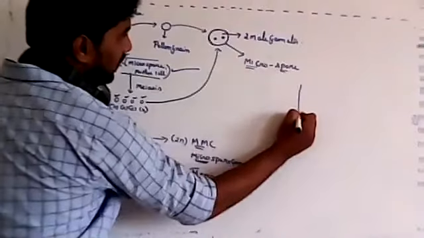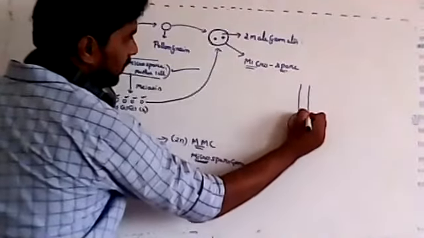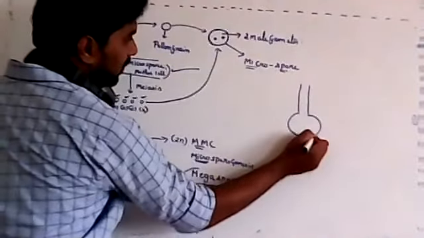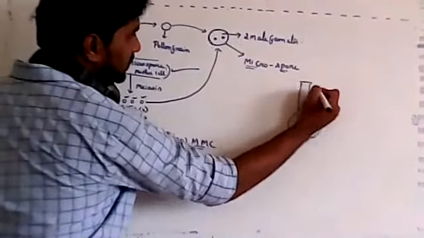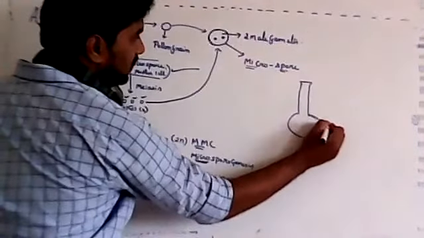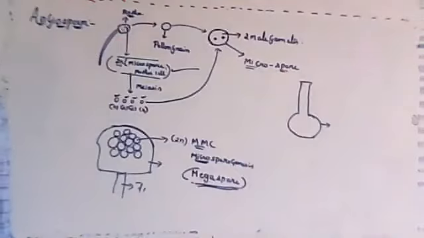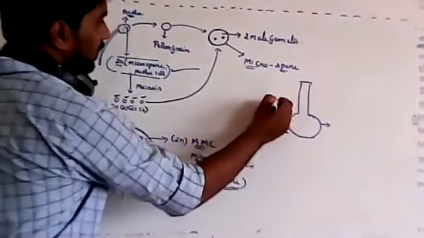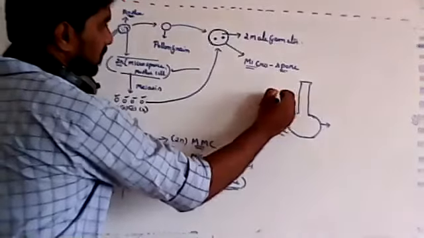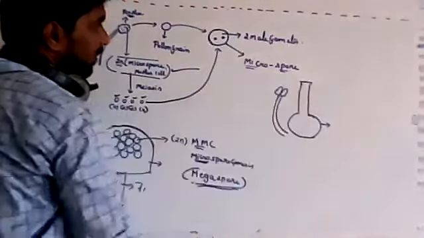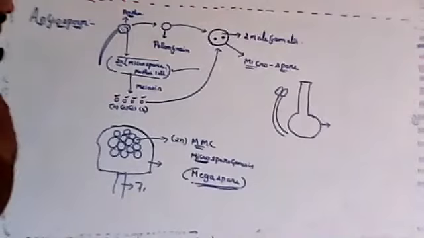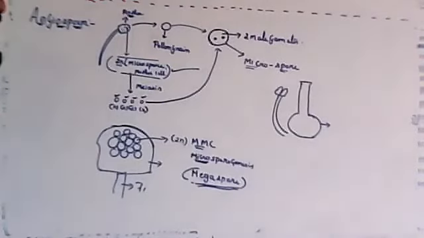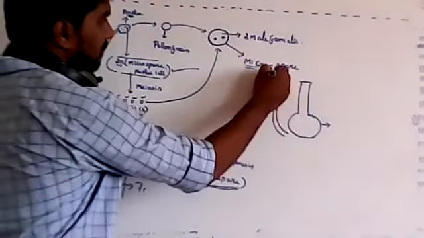So this is your female: stigma, style, and ovary. This is the female reproductive structure of the flower, and the male reproductive structure is the anther. Inside the anther, for the male gamete which is formed, we use the term microspore.